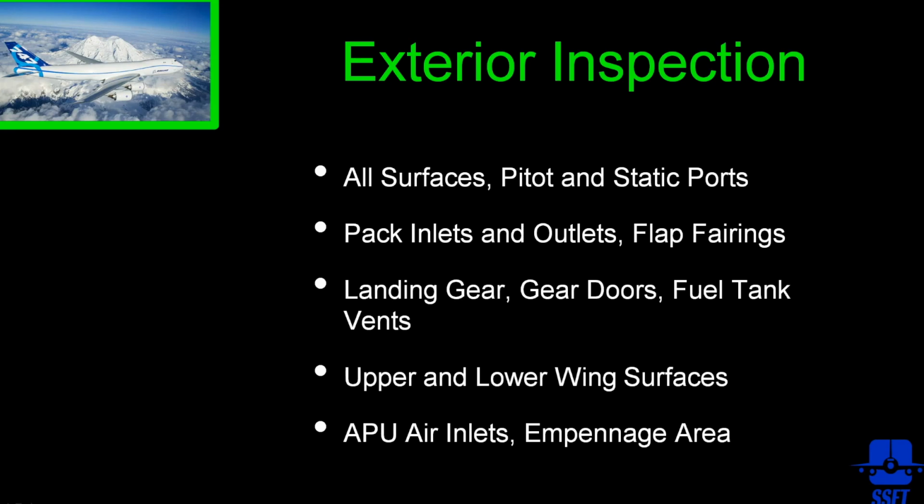Certainly upper and lower wing surfaces, APU air inlets, the empennage area. We want to make sure that most precipitation is off those areas, and if it's not, we'll have to have de-icing and go to the de-icing area and de-ice the airplane.